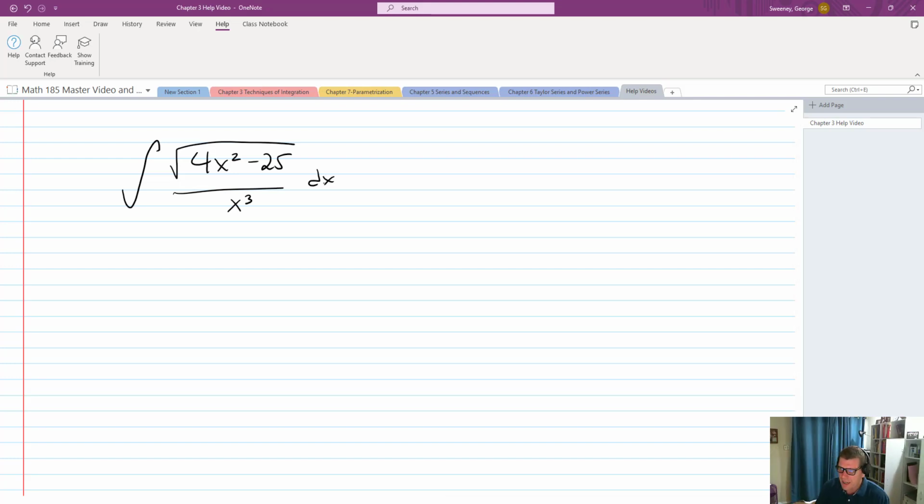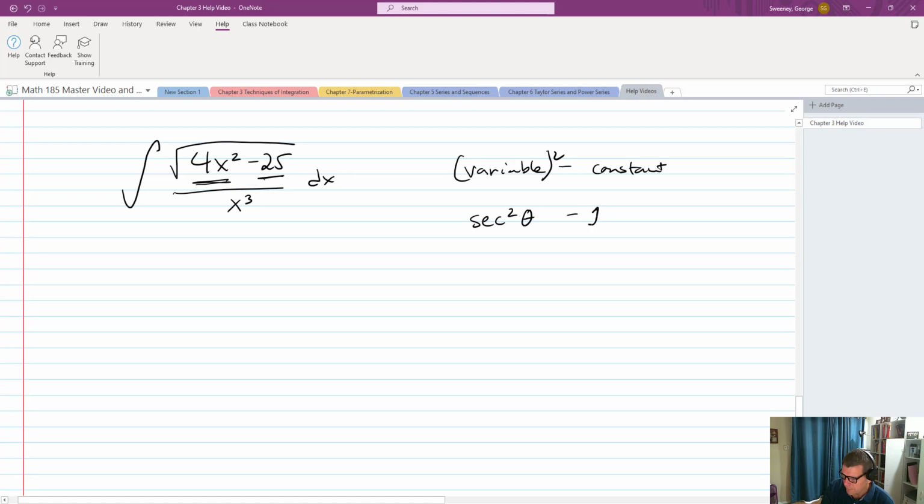So the first thing I want to notice is that I've got a variable, or really a variable squared, minus a constant, and that's what's under the square root. I'm thinking, you know what, I really want secant squared theta minus 1, because that's the trig substitution I want to end up with.